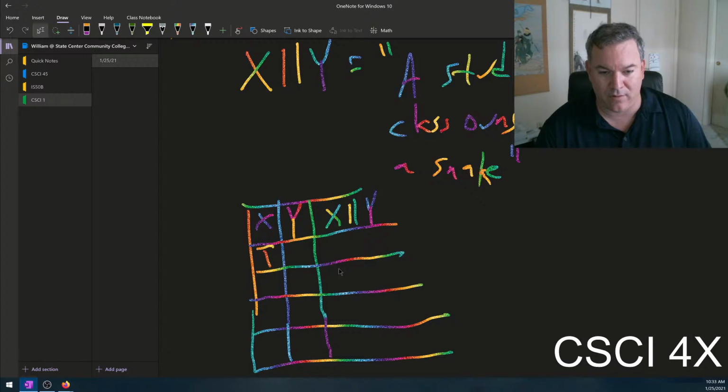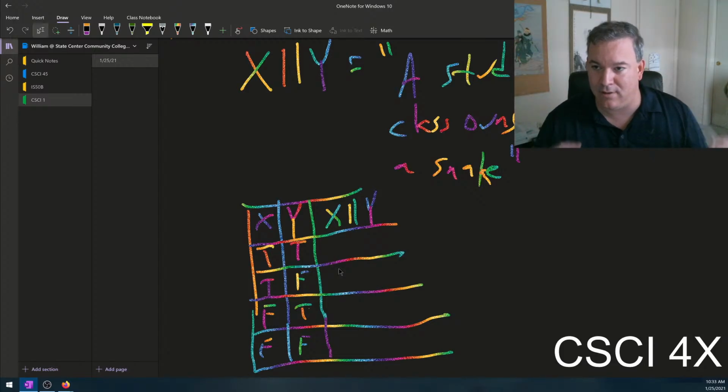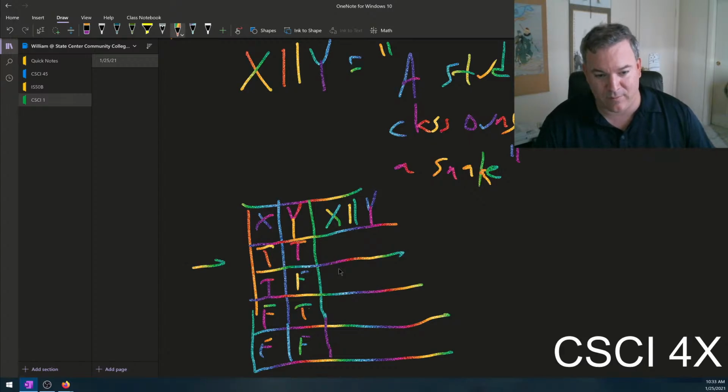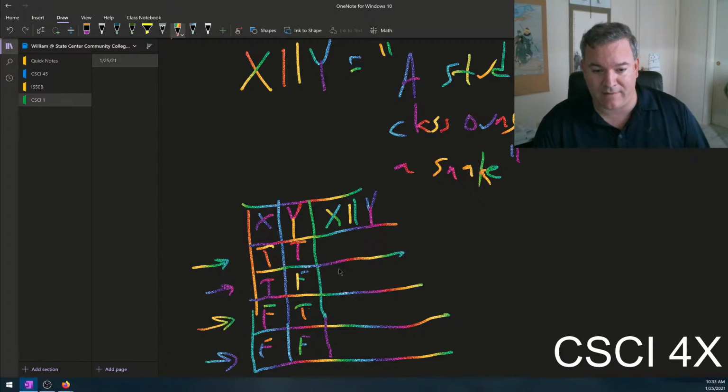So the possible combinations are this: true, true, true, false, false, true, false, false. This is every combination of setup, right? In this case, this means a student in the class has a horse and a snake. Some student in this class has a horse but not a snake. Some student in this class has a snake but not a horse. And in this case, nobody in the class has either a horse or a snake. Okay? And so that's the input.